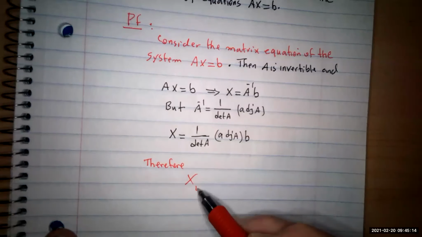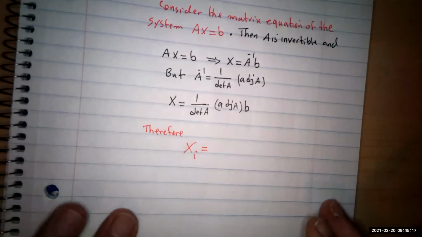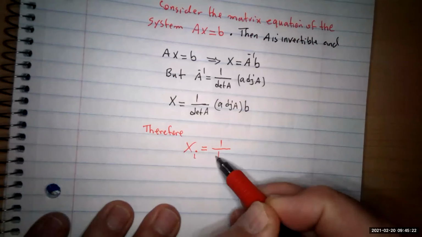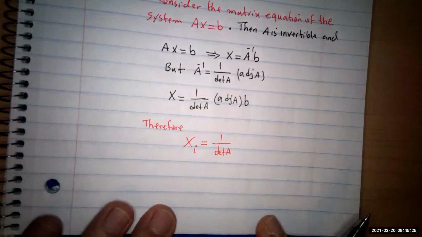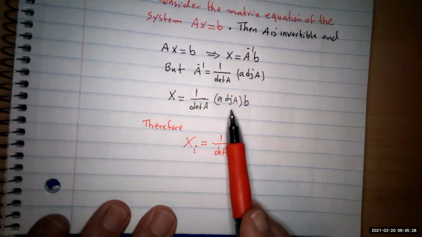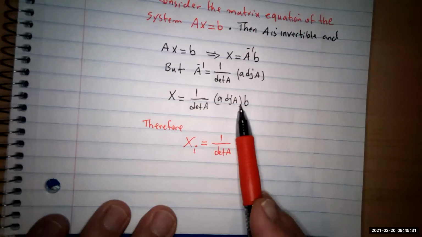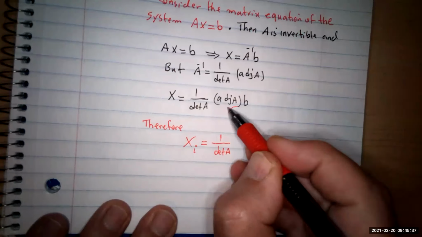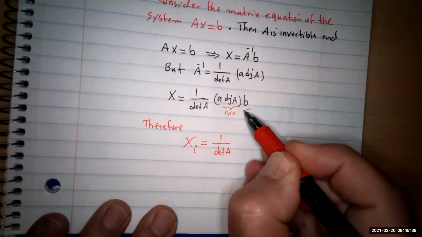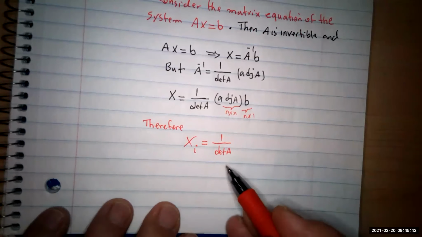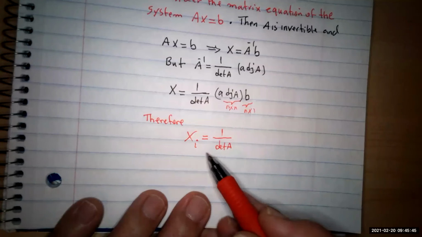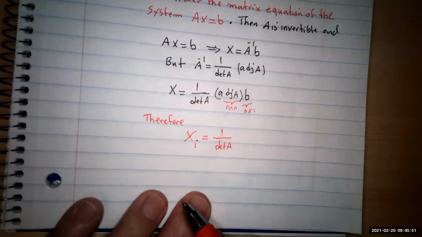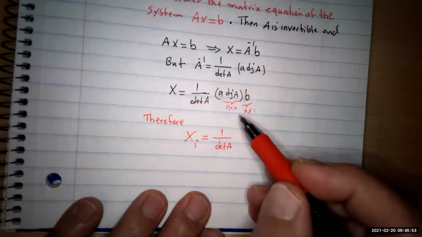If you want to find the ith entry of that column vector, it's going to be 1 over the determinant of A times the product of these two. Remember, this is an n by n matrix and this is just n by 1, so we get an n by 1 result.